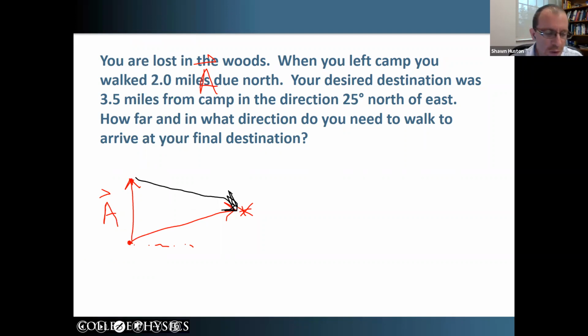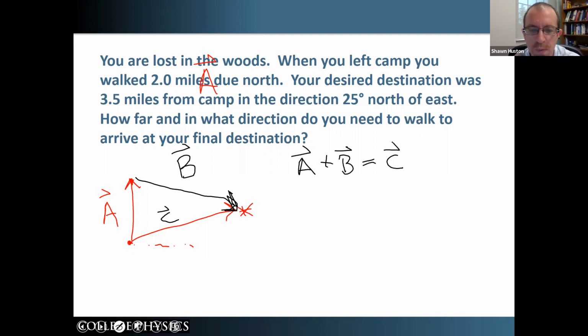So if we take a look, we notice that red vector A and the black vector get us to our destination. So it's like we're taking A and B, and together they get us to where we would actually like to go, which we could have gone directly if we had just gone through path C. So what we have there actually is that A plus B is equal to C. All right.